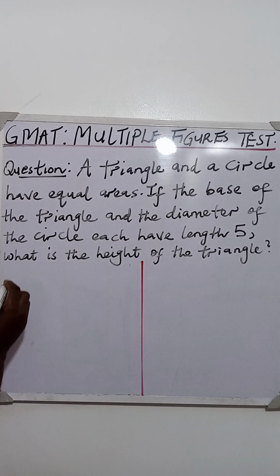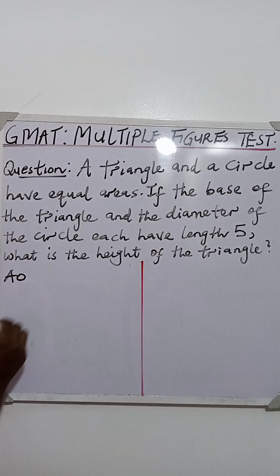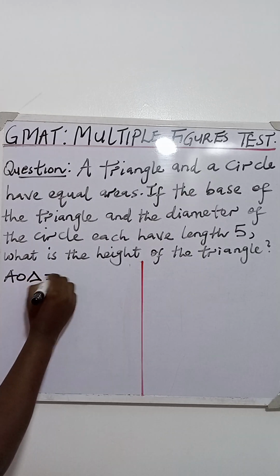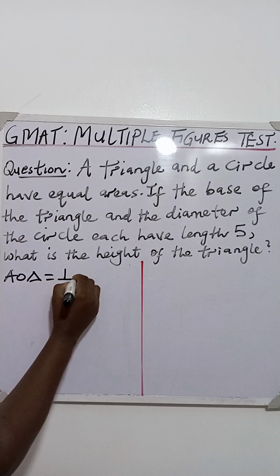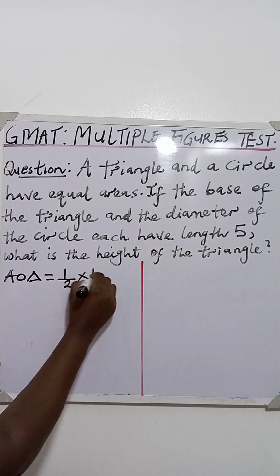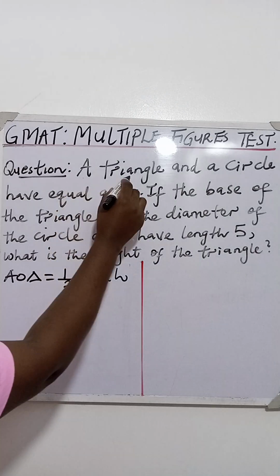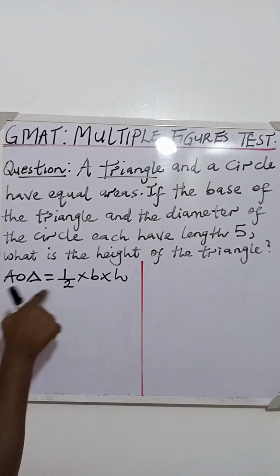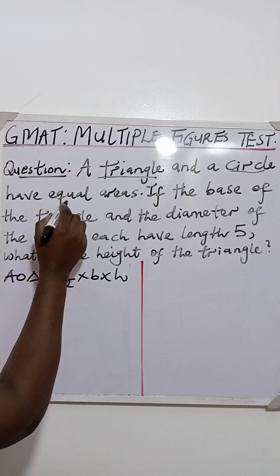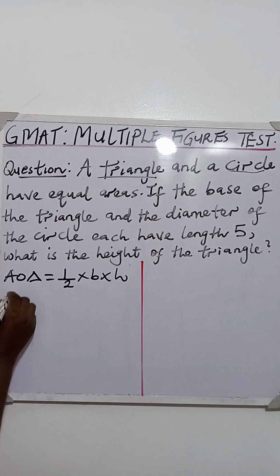Of course, the area of a triangle is half times base times height. So we are told that the area of a triangle and the area of a circle are equal. The area of a circle is what?